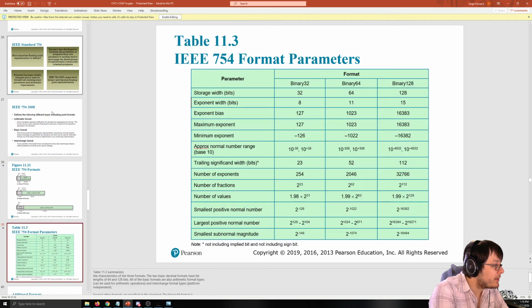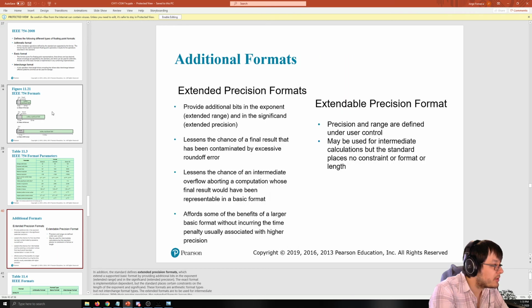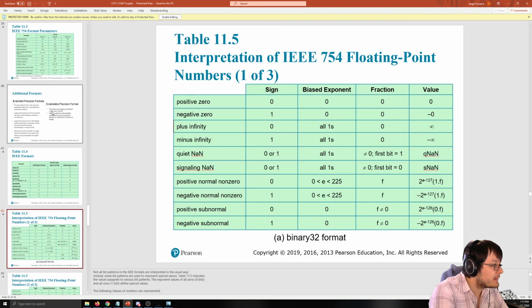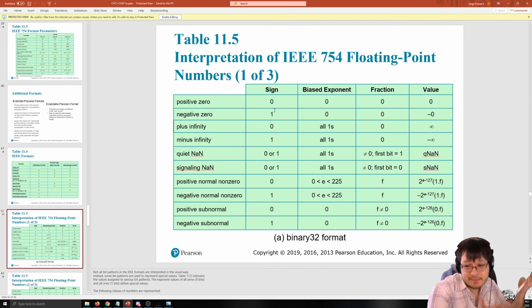I recall there being a chart here that told us special cases. Here, this one. So, a positive 0 is a sign of 0, a biased exponent of 0, and nothing in the fraction. And obviously that gives you a value of 0. And there is such a thing as a negative 0 if you switch the sign bit to a 1. So, whatever. We just deal with it.